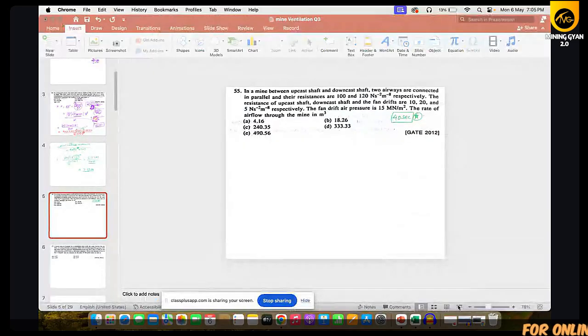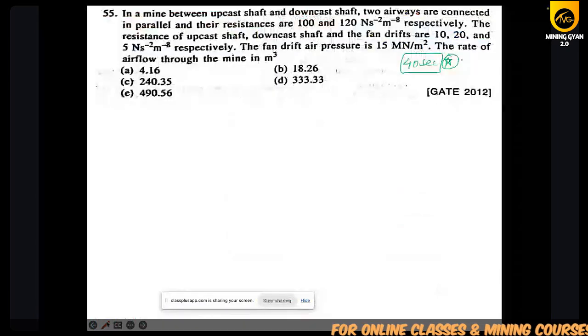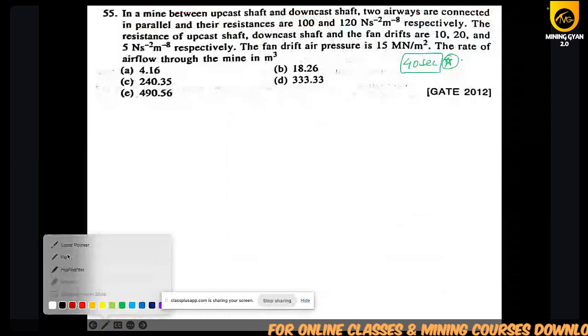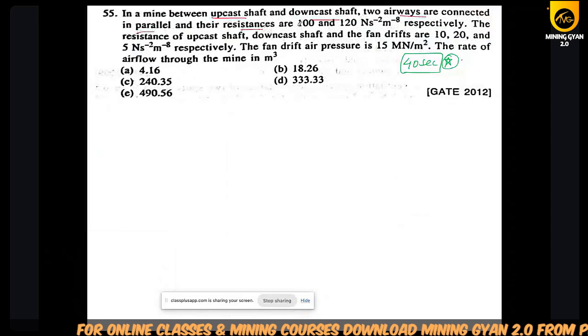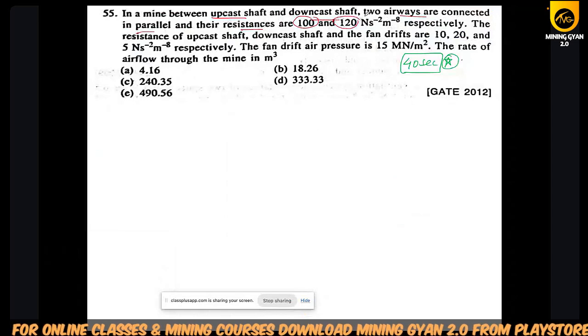In question 55, what we have to solve, he has said, in a mine between the upcast shaft and downcast shaft, two airways are connected in parallel. Their resistances are 100 and 120 respectively.